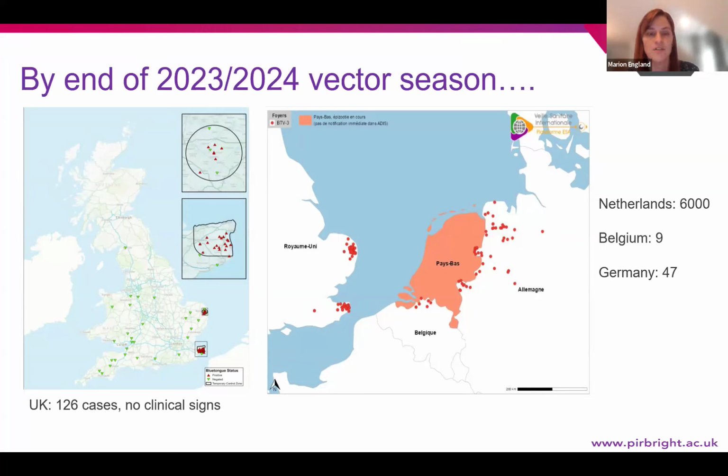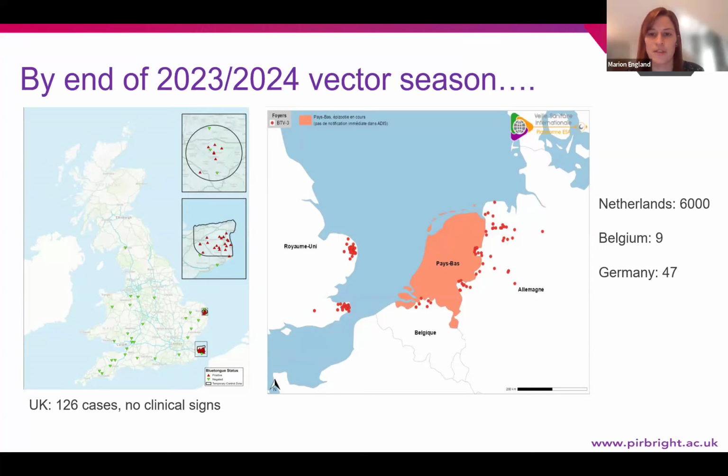By the end of 2023, there were 126 cases identified in the UK, but strangely, given what was happening in the Netherlands, we weren't seeing any clinical disease. There are a number of reasons for this. One is that these areas are very low livestock density areas, and the livestock that are there are mostly cattle, which we're less likely to see clinical disease in.